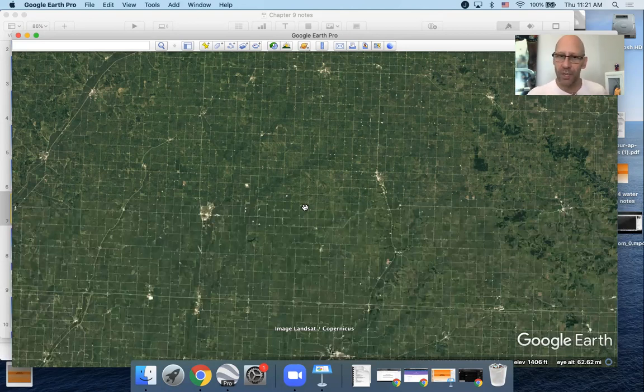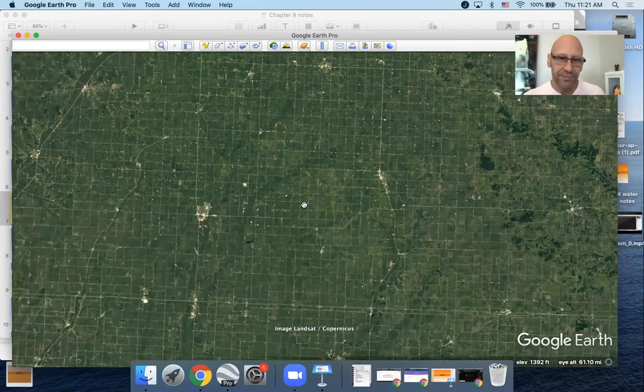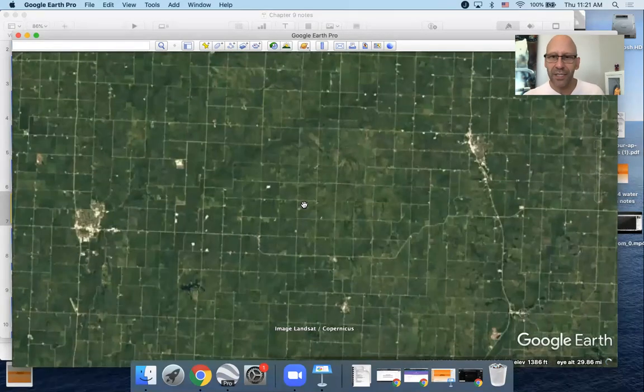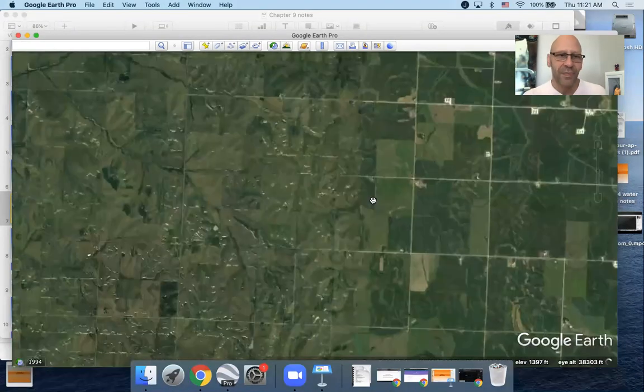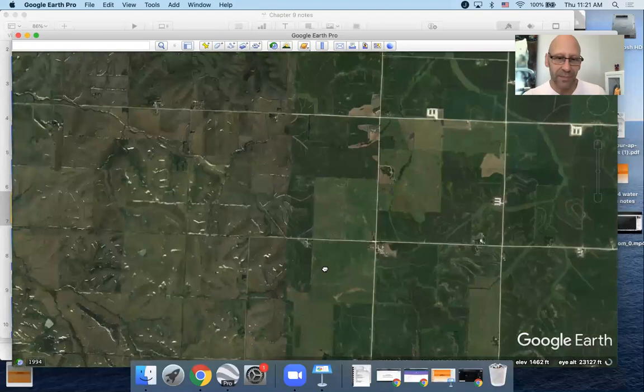Now, let's zoom in on one of these. What does it look like? When we zoom in, what we find, and we could pick any of these, it doesn't really matter. Let's just look at, I don't know, let's look at this one. When you zoom in on one of these, what you find are lots and lots of farm fields, okay? And Iowa, of course, is farmland.